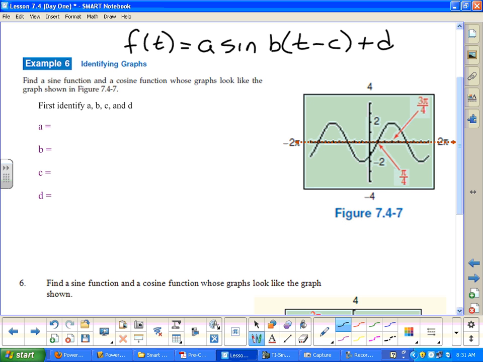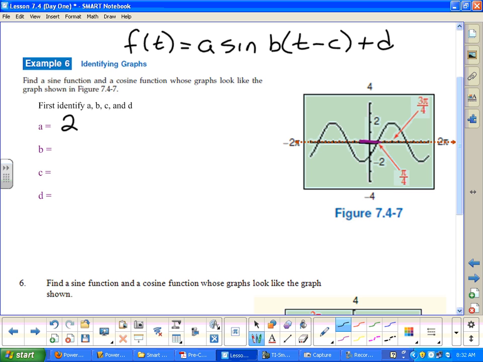First of all, the value of A is how far it's stretched out from the center. In this case, the value of A would be 2, right? From the center, the graph goes up 2 and goes down 2. So the value of A is 2.